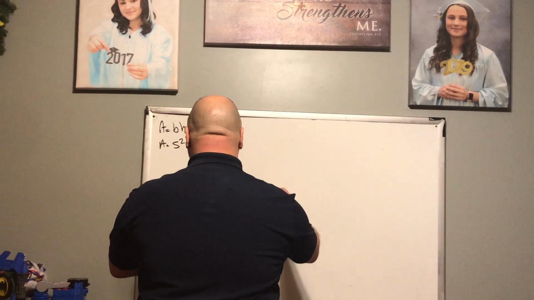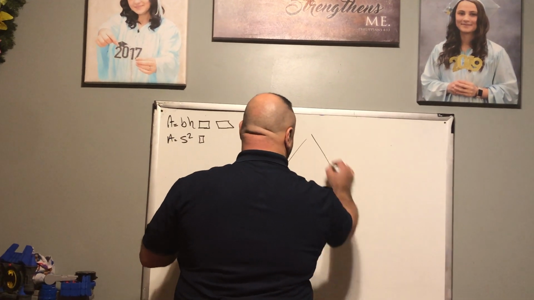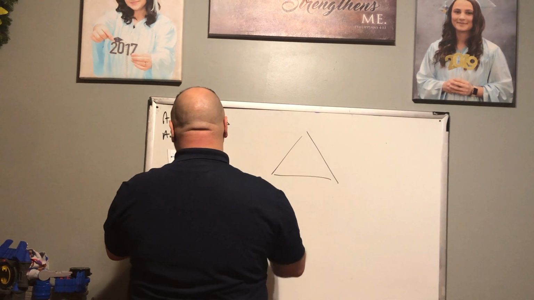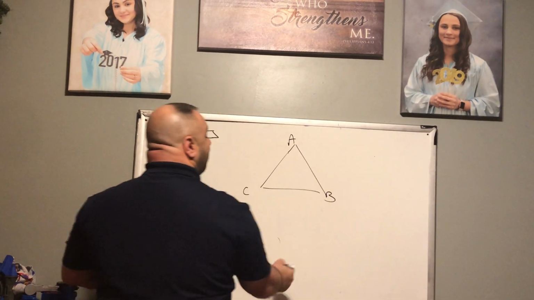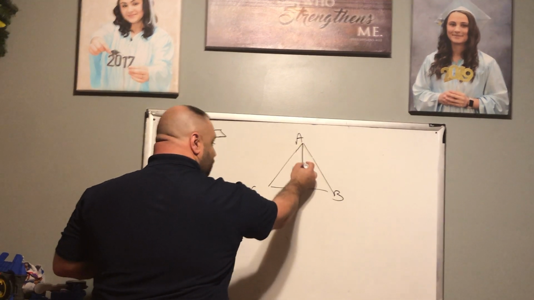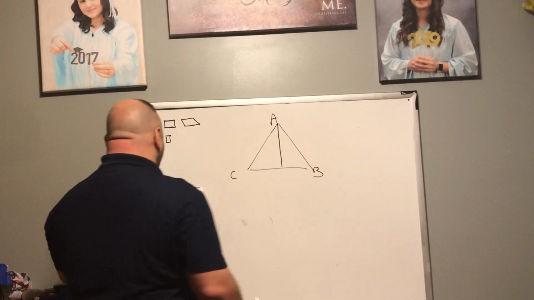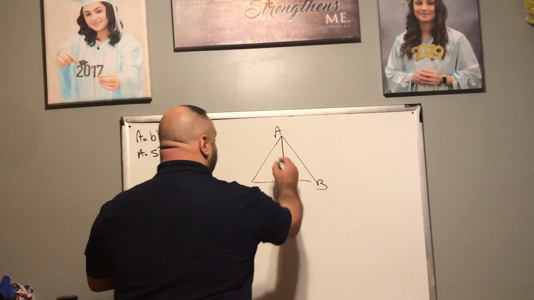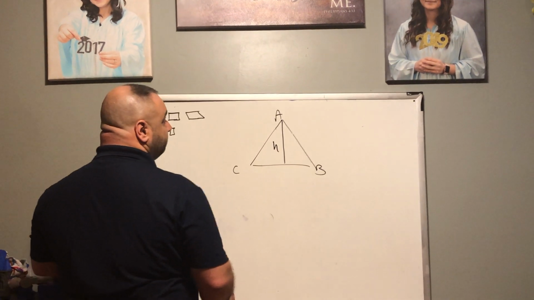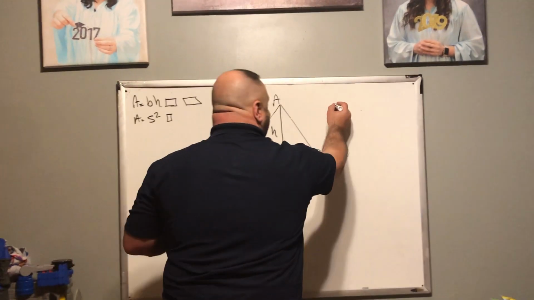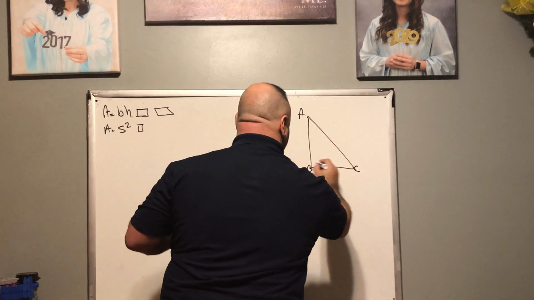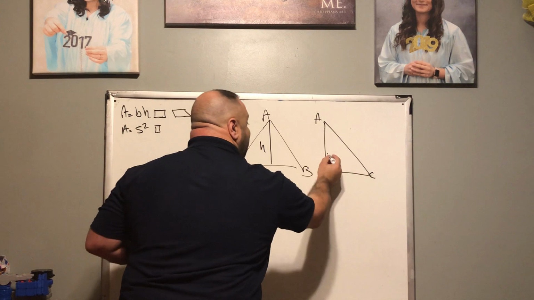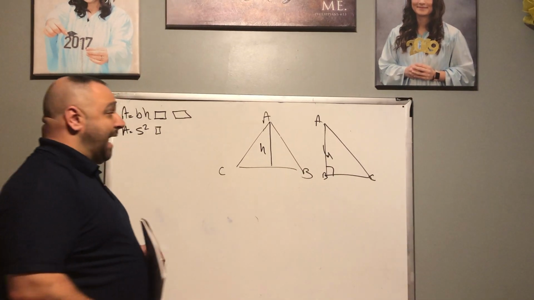So, quickly here. If you look inside your book, we have triangle A, C, B. Again, a perpendicular from a vertex to the opposite side of the triangle would be considered the altitude. Okay? All right, so if I have a right triangle here, call this A, B, C, then AB would be my altitude.